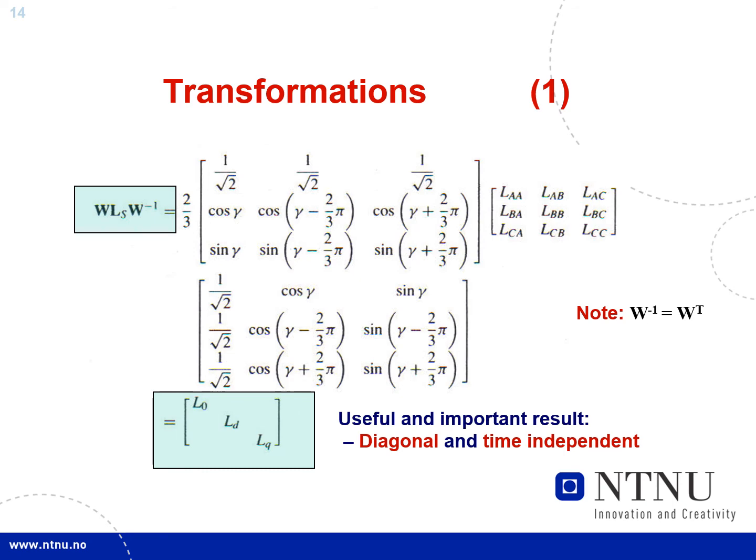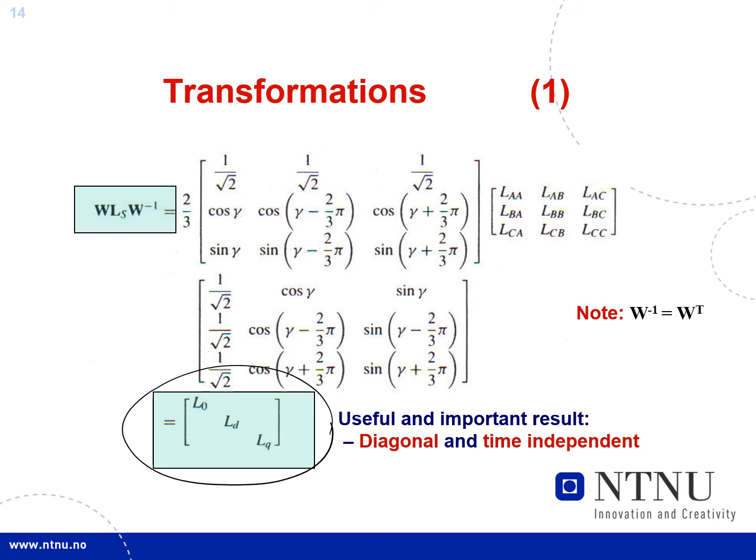So then if we do this matrix multiplication, multiplying the Park transformation by the self-inductance matrix times the inverse of the Park transformation, we end up with first a diagonal matrix and also a time-independent matrix.